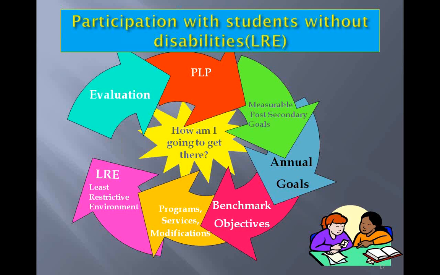The other thing we always like to share with parents is that standalone schools that only serve students with disabilities are actually considered one of the most restrictive environments because only students who have disabilities attend. And then the absolute most restrictive would be being on home instruction, so not even coming to school and having access to our peers. All things that have to be considered when you're developing an IEP. Okay?